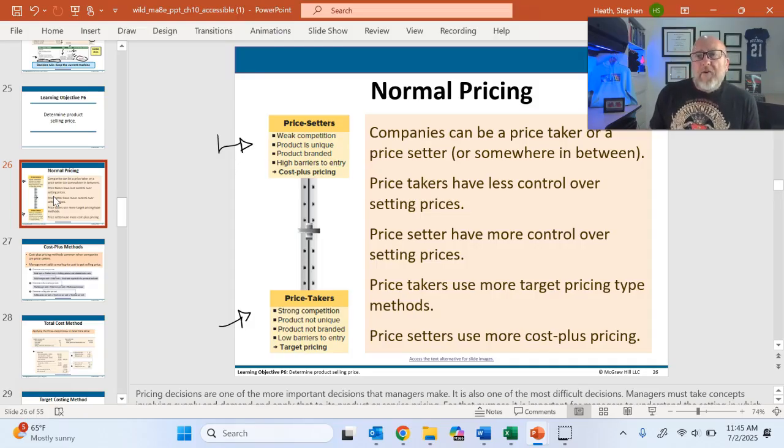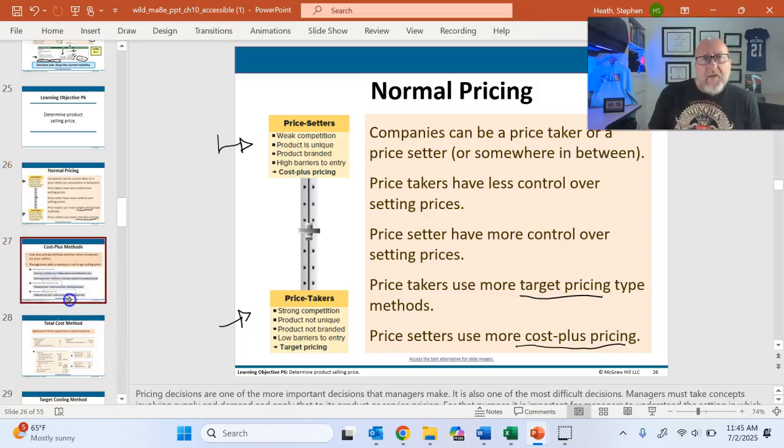Therefore, price takers usually start with target pricing and then work their way down, whereas price setters use a cost plus pricing approach. So let's talk about the two approaches, target pricing and what that analysis looks like, and then cost plus pricing and what that analysis looks like.